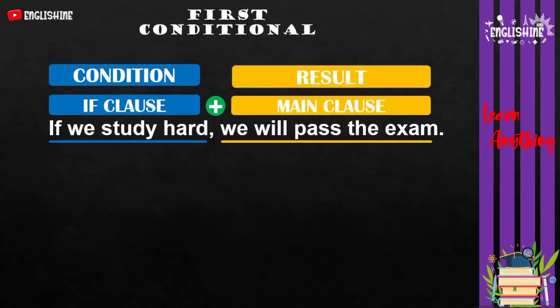The if clause as the condition is the first sentence, and the second sentence is the main clause, the result. Why is there a comma after the if clause when the if clause is at the beginning? A comma is necessary between the two clauses.